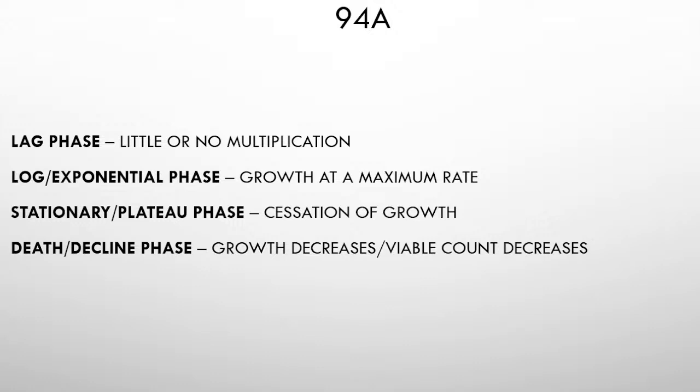The last one is the decline phase, wherein metabolites will accumulate, causing the death of the organisms and therefore decreasing the count of the microorganisms present. Contrary to popular belief, when you put your agar inoculated with organisms, it will not overgrow and take over the laboratory.